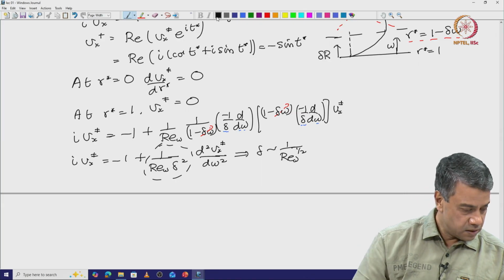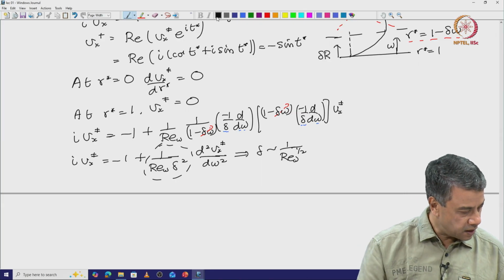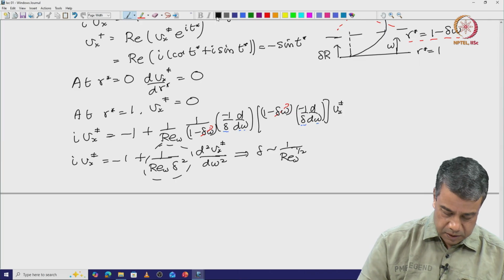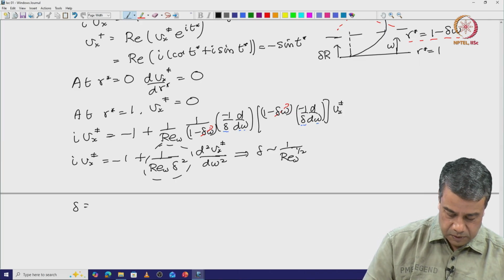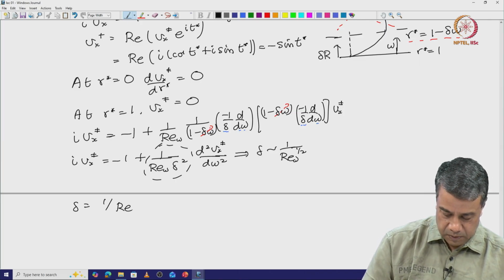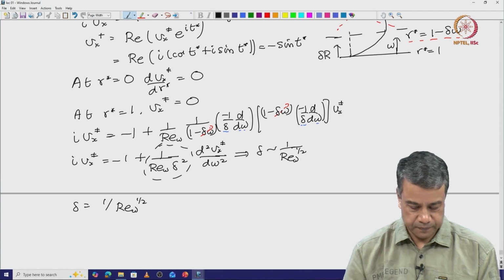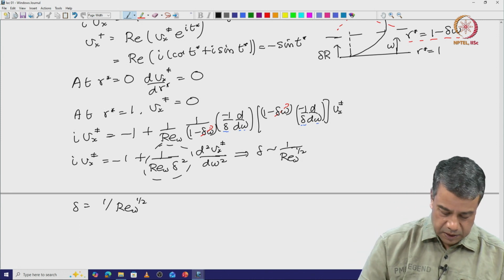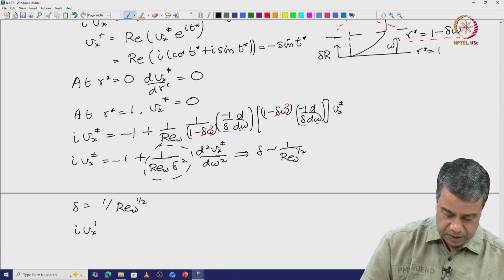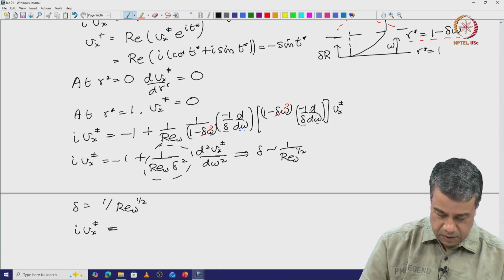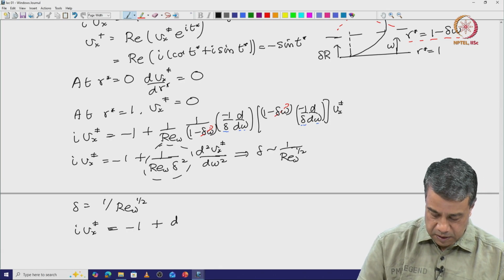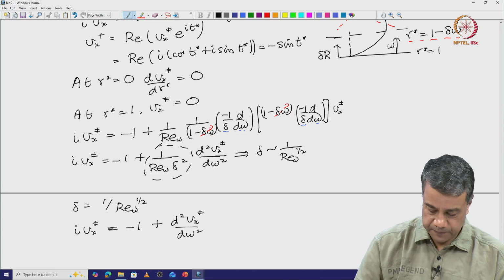So, without loss of generality, I can set delta equal to 1 over Re omega power half, and the equation becomes I Vx double dagger is equal to minus 1 plus d square Vx by dw square.